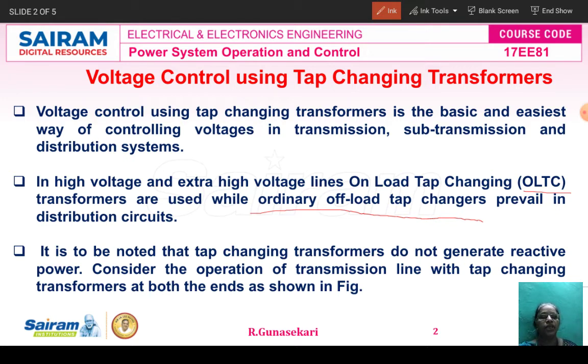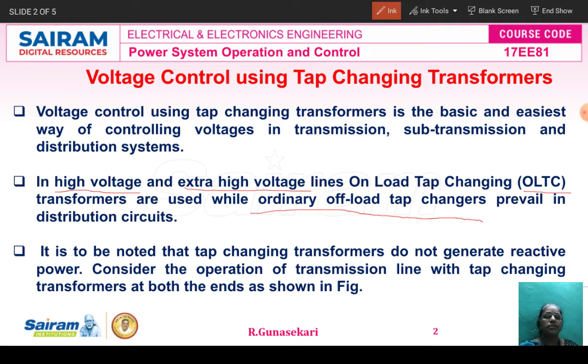For high voltage and extra high voltage, that is the transmission and sub-transmission side, we use on-load tap changing only. What is the meaning of on-load tap changing?